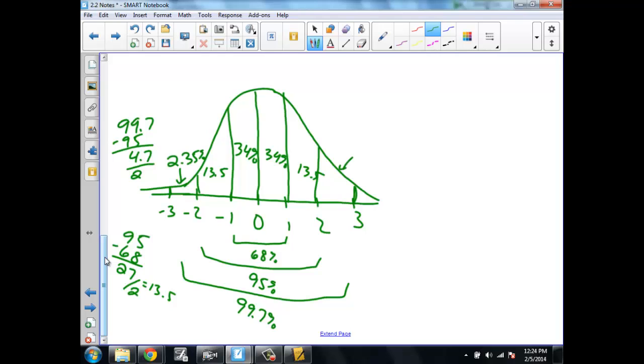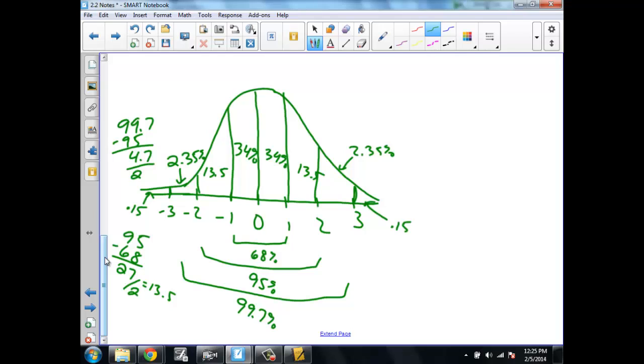And this one contains 2.35%. And we had talked about this one earlier. If between these three is 99.7%, how much is left for the ends? 0.3 total. So this part is 0.15, and this part is 0.15.